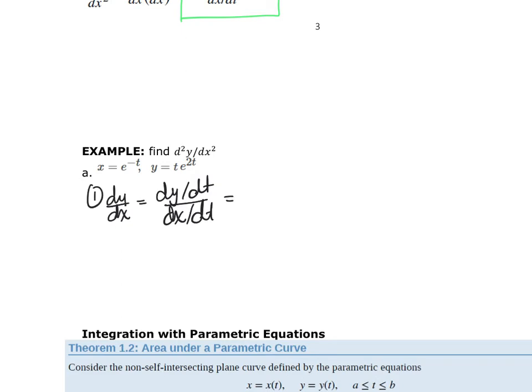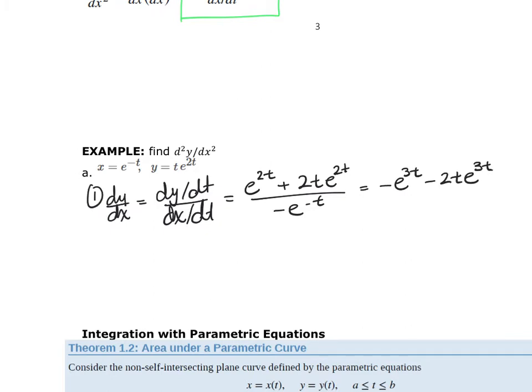By the product rule and chain rule, we're going to have e to the 2t plus 2t e to the 2t in the numerator, and in the denominator we're going to have e to the negative t. Now I'm just going to clean this up algebraically, and so I get negative e raised to the 3t minus 2t e raised to the 3t.